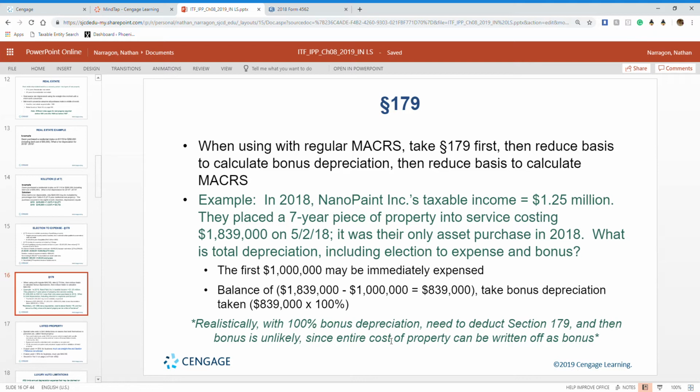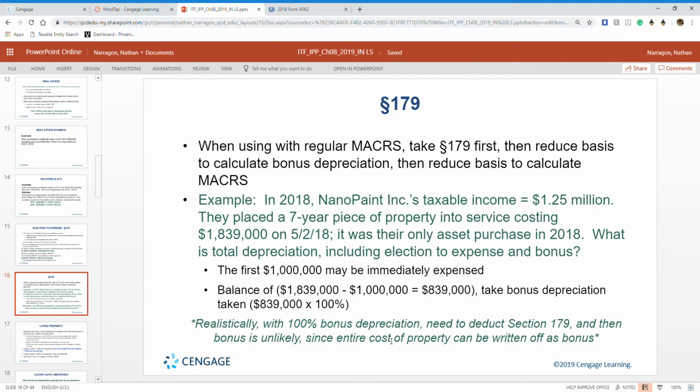Again, with these tax returns nowadays, Section 179 has limits, but bonus depreciation does not, at least not yet. So keep an eye on the law. Since it does not yet, most people are going to elect to just go ahead and do bonus depreciation and not even deal with Section 179. But of course, you're here to learn.